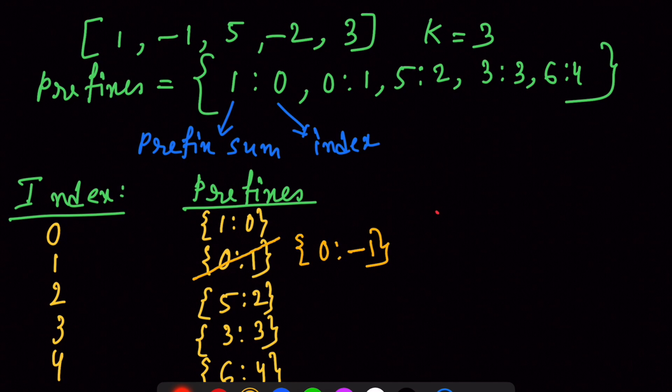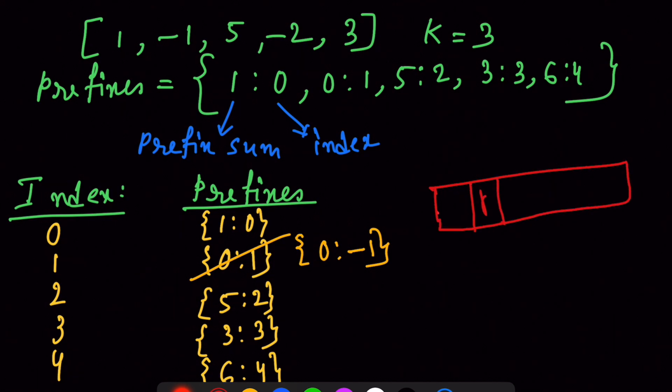because let's say here I have one prefix sum p, and also here I have some prefix sum p. Which one should I consider? Because let's say I am at the jth index, looking for the prefix sum p.